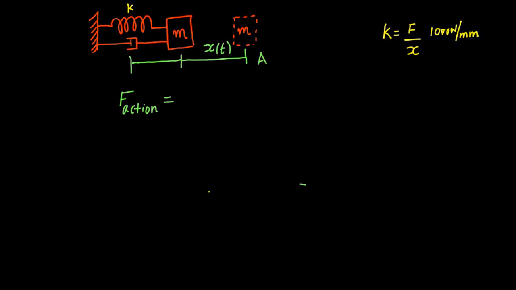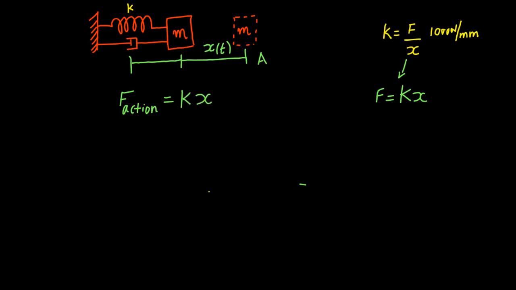So right from here, you can see the spring force that is pulling the mass back to its equilibrium position can be given by the expression K into x. So it is this force that is the action force that is going to pull the mass back to its equilibrium position. Okay, so it is K into x.